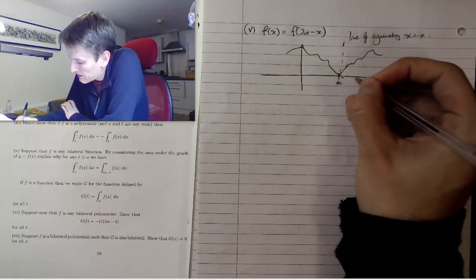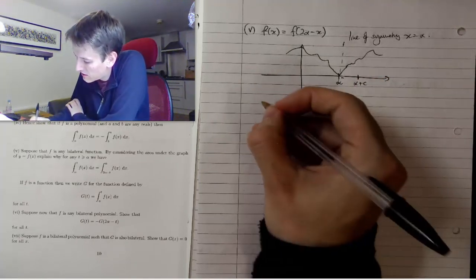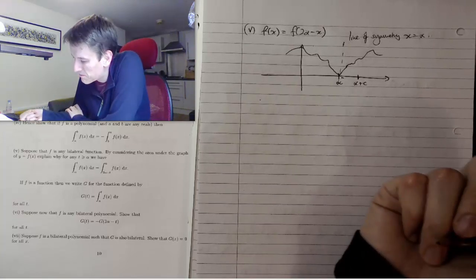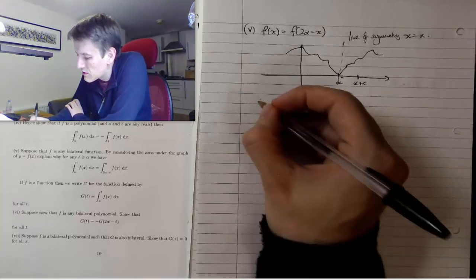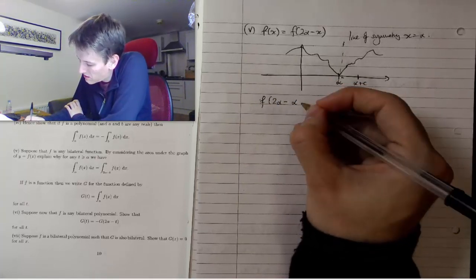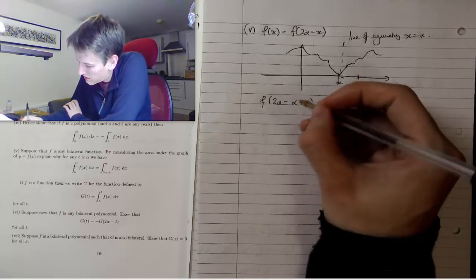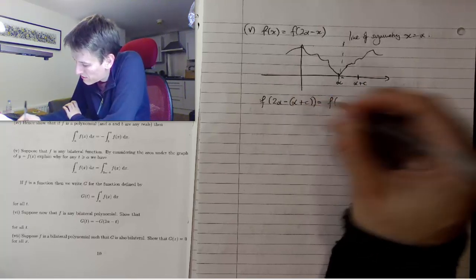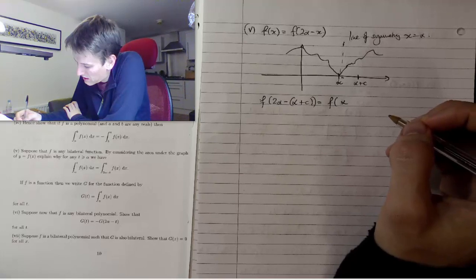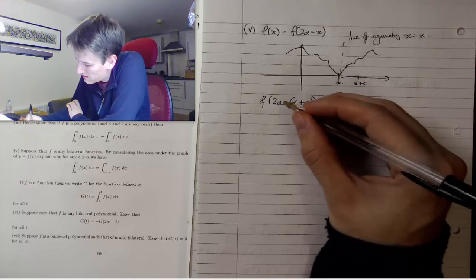Because if you imagine putting in, let's take something that's slightly bigger than alpha. So let's say I take alpha plus c, and I do f of 2 alpha minus, in brackets, alpha plus c. That's f of 2 alpha minus alpha, so that's f of alpha minus c.